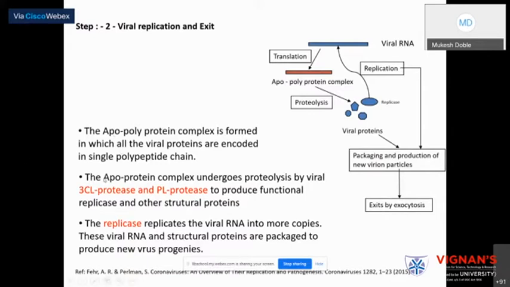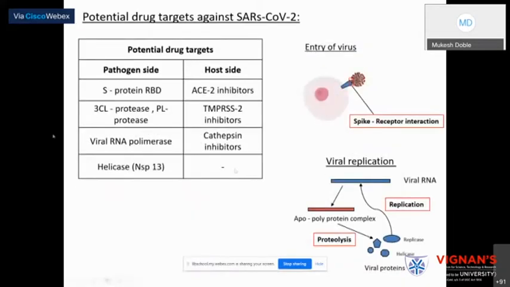Okay, so the proteolysis is done by the 3CL protease and PL protease. So these could be targets. Then we have the replicase, which replicates the viral RNA. Again, this could be another target for preventing the progression of the viral process actually. So many targets are now known.